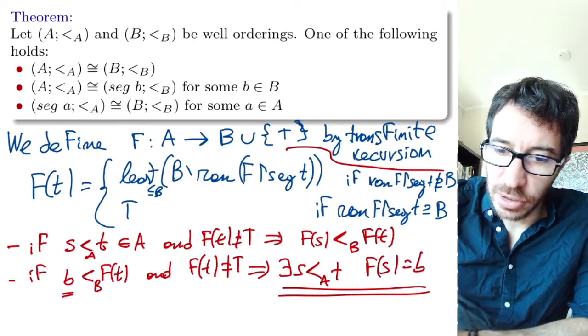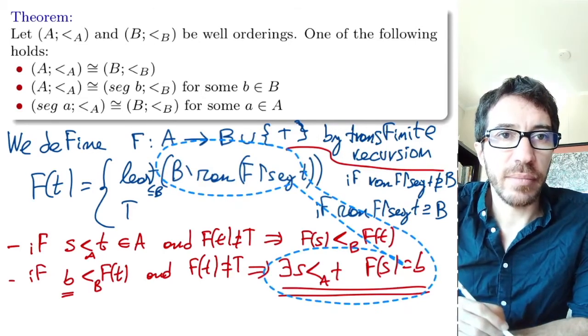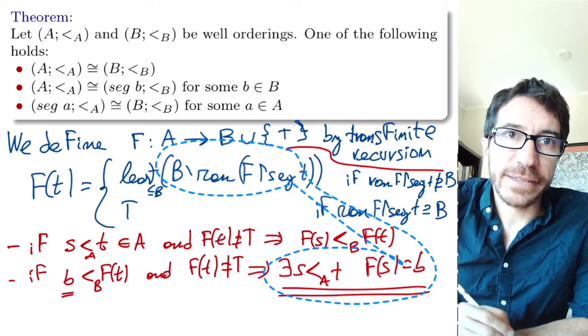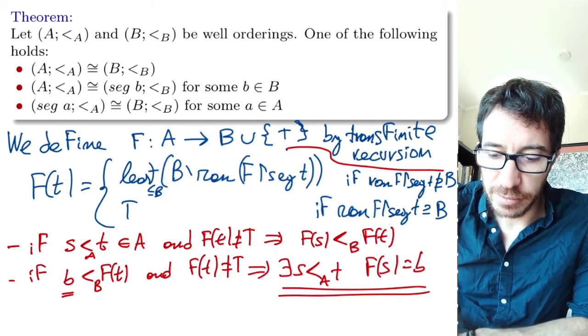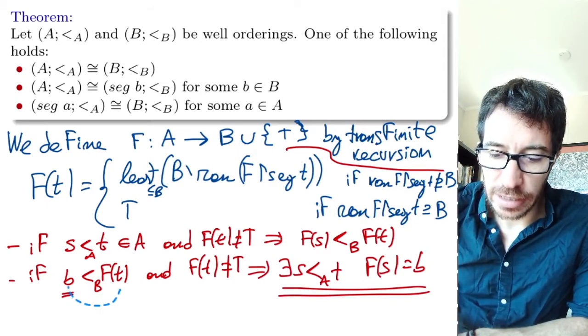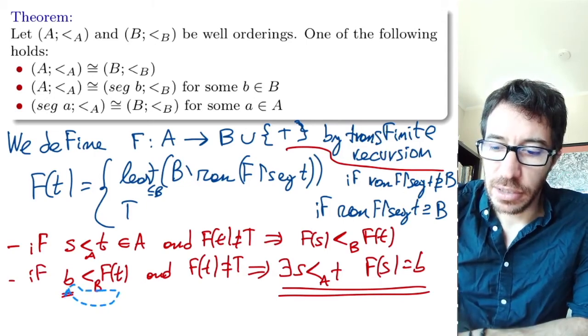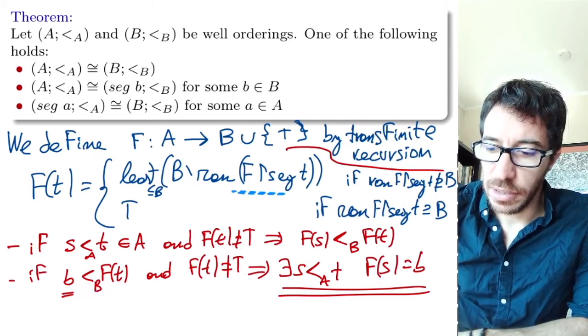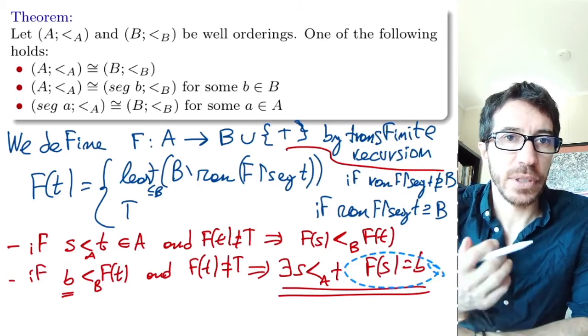If you're not in this set, then you would define f of t to be that guy, because you're taking the least one. So if you didn't choose that guy for f of t, it's because that guy was already in the range. So that means it was f of s for some s below t.